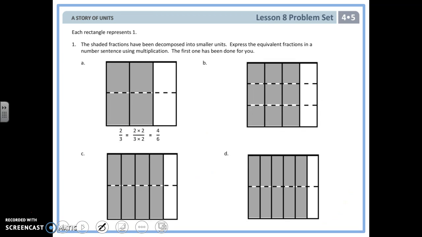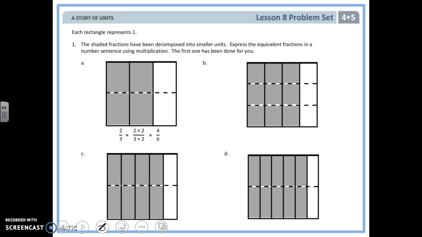Alright, let's look at these. On your problem set, it says the shaded fractions have been decomposed into smaller units. So again, on lesson 7, it started out with 1 out of something. 1/4. 1/2. 1/2. We saw a pattern, right? It was 1/2 for most of them, and the last one they threw in a screwball and had 1/4. So these ones now are starting off differently.